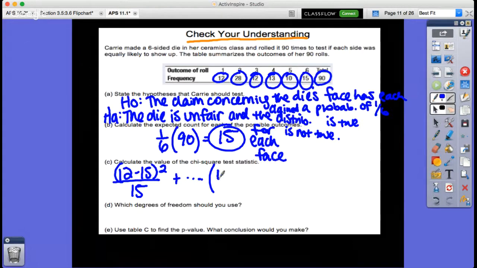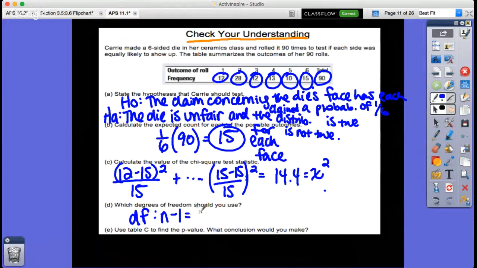I'll throw that last one down. So the last one was actually 15. And I square it. When I do all of this, I should get 14.4, which is my chi-square, okay? And the degrees of freedom, because I have 6 categories, should be n minus 1, which is 6 minus 1, which is 5. Cool. All right, so hopefully you got that.